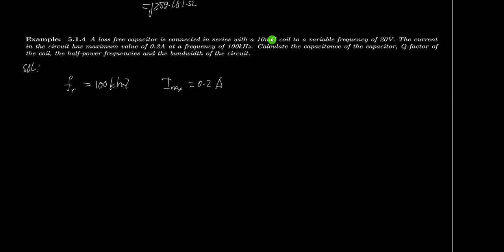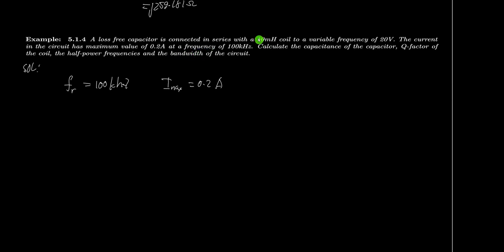So remember, a coil is a combination of resistance and inductance, unless it is stated in the problem that it's an ideal coil, then the resistance is negligible. But in this case, the problem does not say that it's an ideal coil, but it says it's a loss-free capacitor, so it's an ideal capacitor.